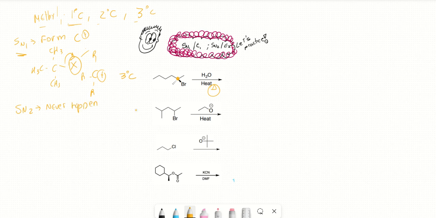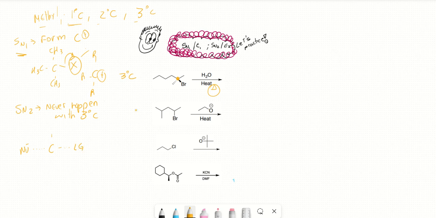SN2 will never happen with tertiary carbon. If you have a tertiary carbon, we will not have SN2. And why? Because SN2 is a concerted mechanism, so everything happens at the same time. Imagine my nucleophile attacking from the back side, 180 degrees from the leaving group.